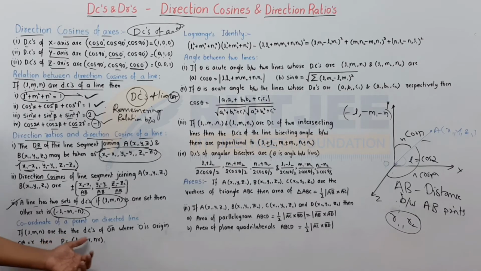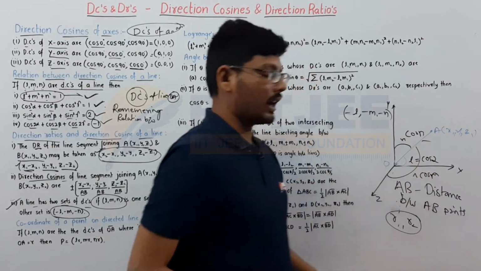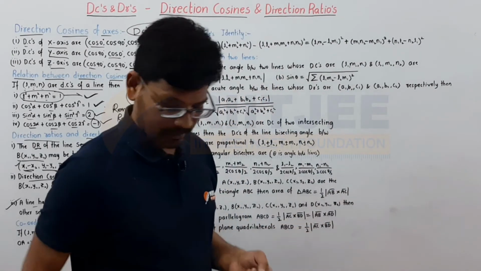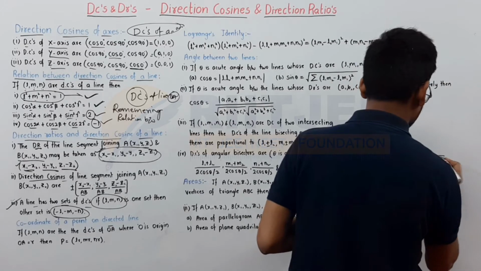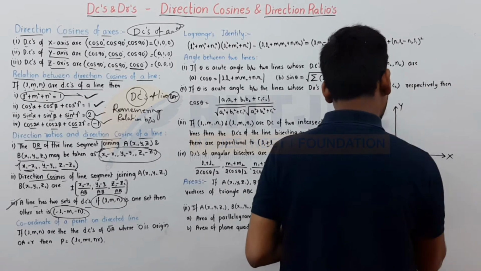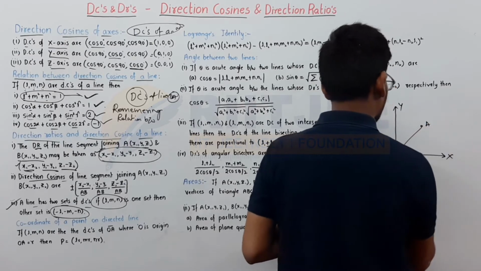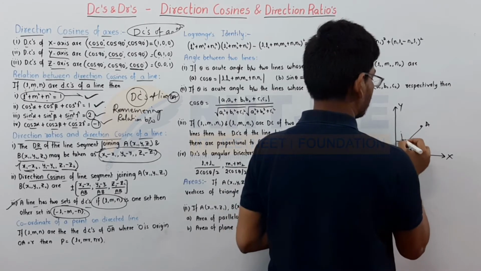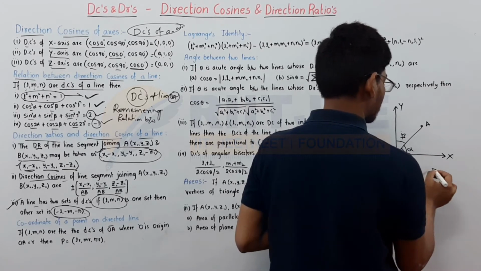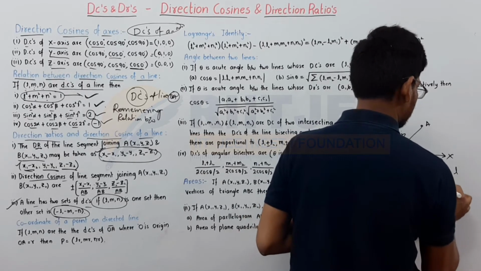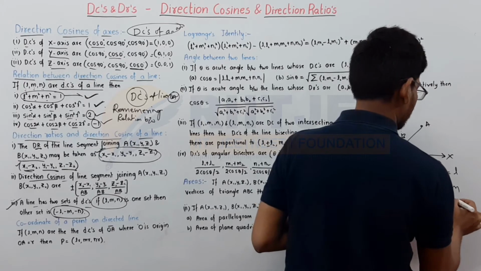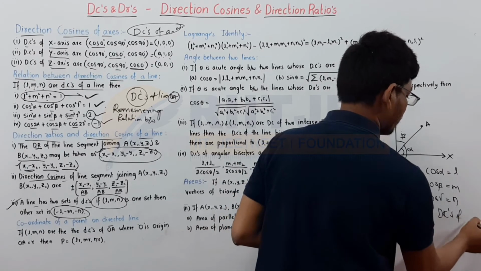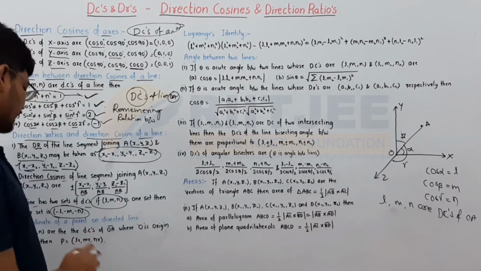If L, M, N are the direction cosines of OA in a 3D coordinate system, with axes x, y, z, and this is OA, and simply this is alpha, this is beta and this is gamma, then cos alpha is equal to L, cos beta is equal to M and cos gamma is equal to N, where L, M, N are the DCs of OA.